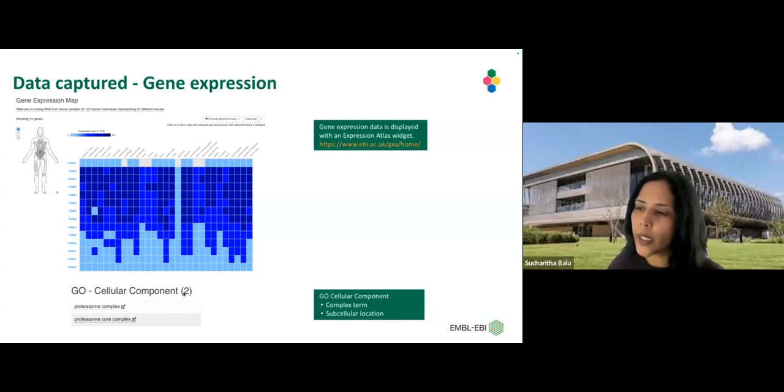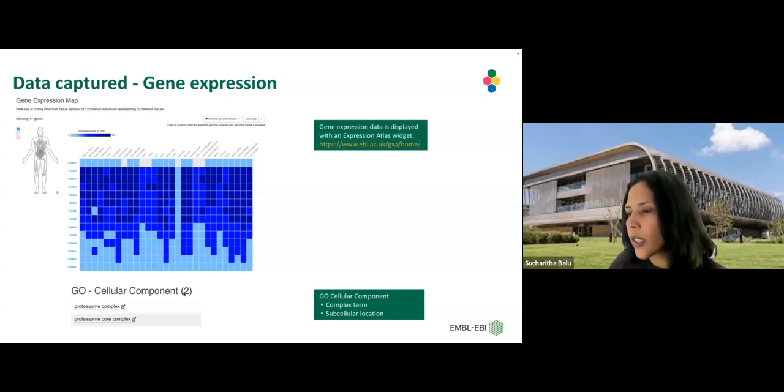This will take you to the QuickGO component site where you can find out a little bit more about the complex term. For example, if it's tagged with a spliceosome complex, then it will tell you the type of components to expect. These are all ways to define the complex.